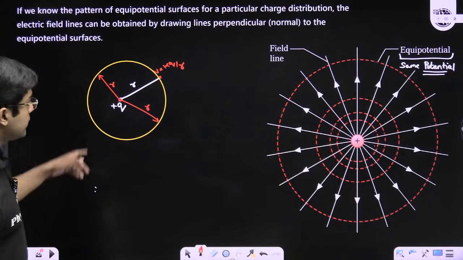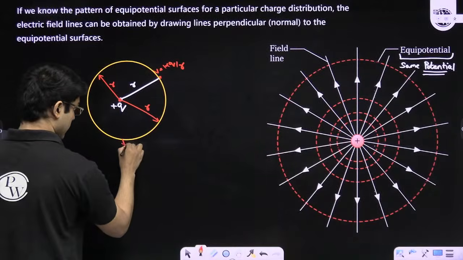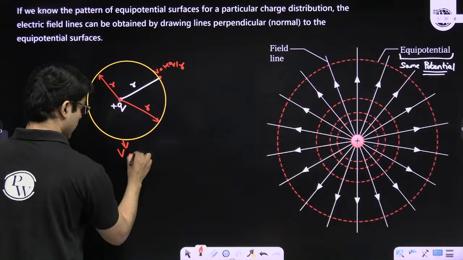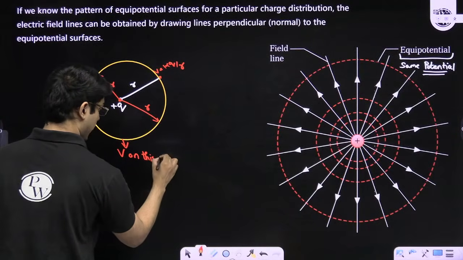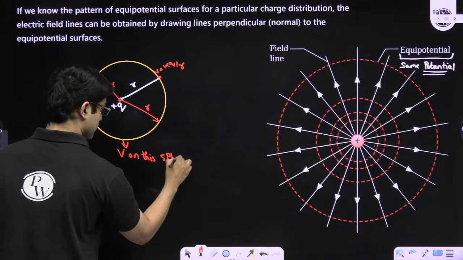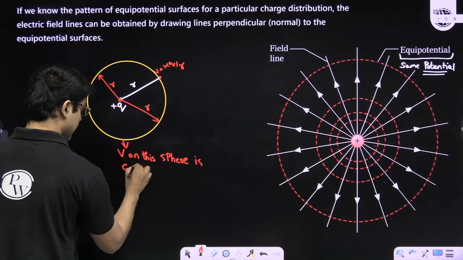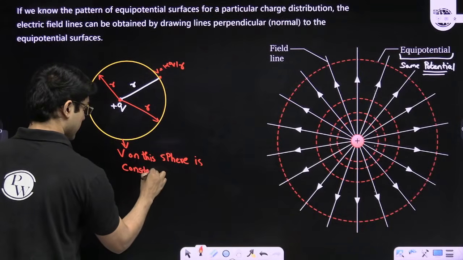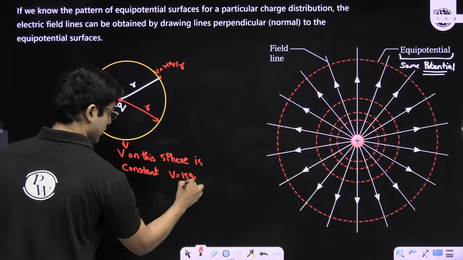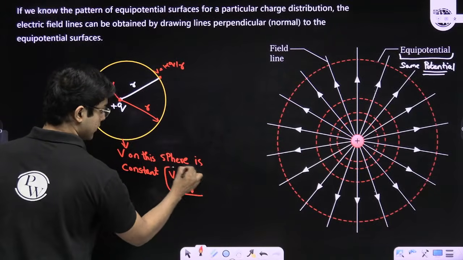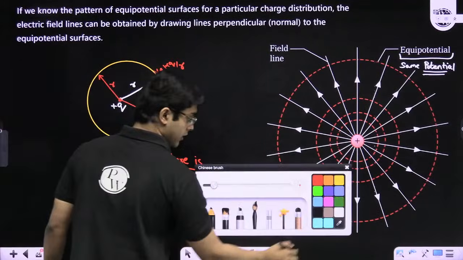So what that means is the potential everywhere on the sphere is constant. V on this sphere is constant. It has the same value everywhere, and the value is kq by r. So this sphere is an equipotential surface by that definition.